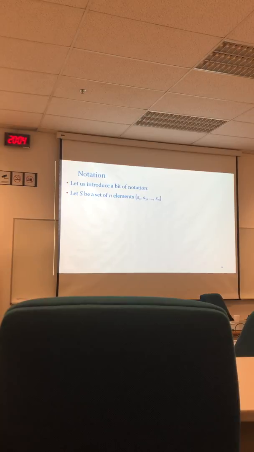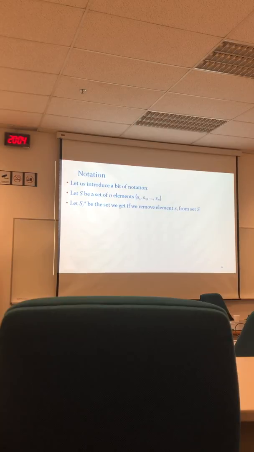Let S be the set of n elements. Given a set of elements, we want to find the permutations of all these elements. In this case, it's n factorial. With just 3 items we already get 6 permutations. 3 factorial is 6, so it's quite a large number.